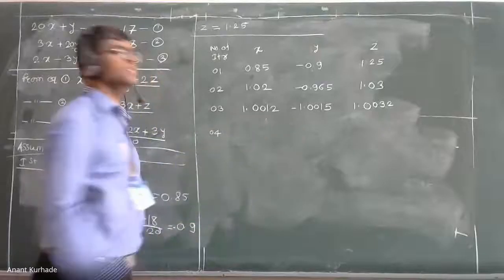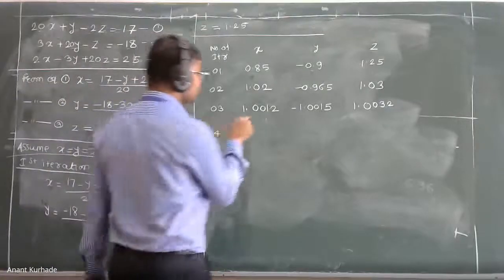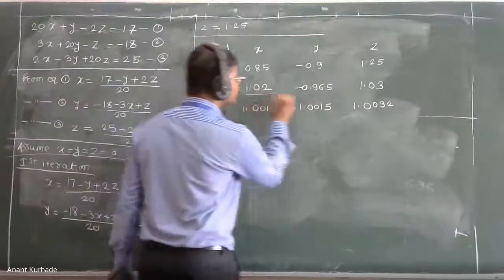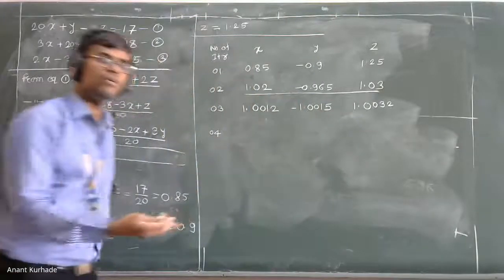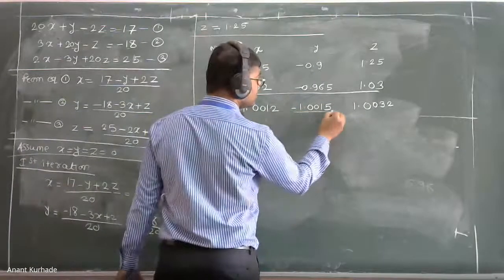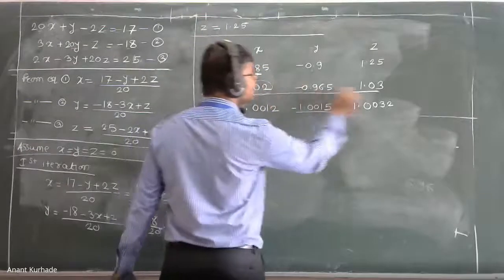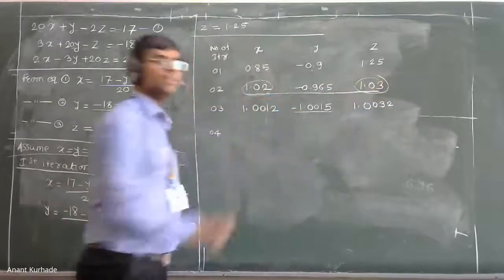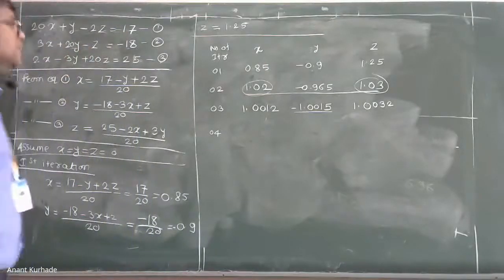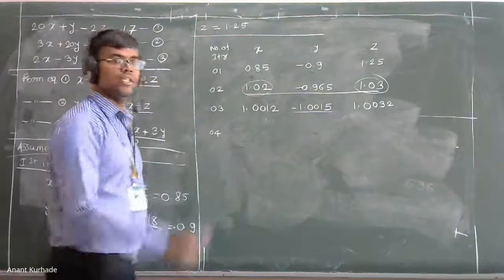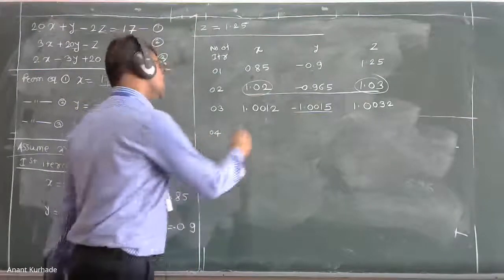Do 4 iterations. See, for calculating this value, use the previous values. Remember, don't use the new value. So for calculating y, use the previous value of x and this value of y. If you are solving the problem by the Gauss Seidel method it differs, but in the Jacobi method use the previous set of values. Now tell me the last answer.